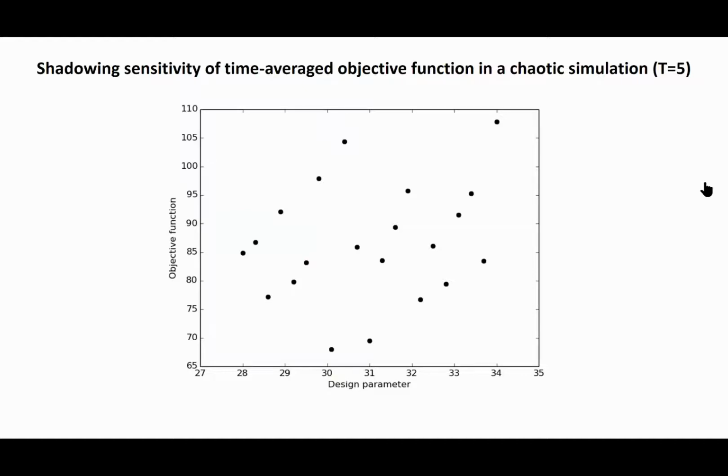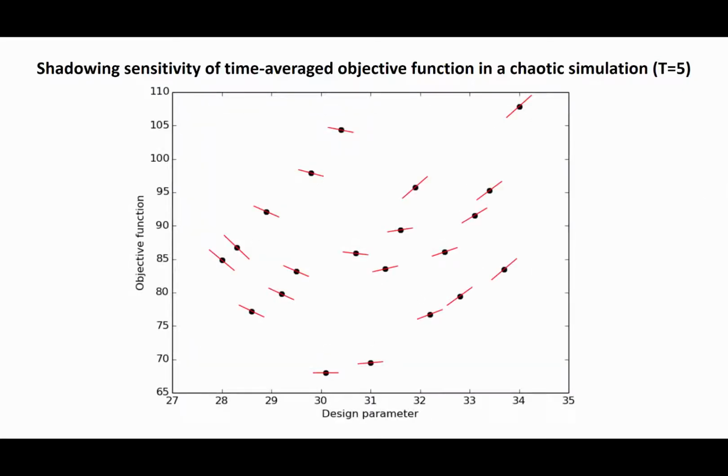So this is again a very short-time chaotic simulation. When you increase this from 5 to 5,000, you get almost a parabola. Now if you do shadowing sensitivity analysis on this T equal to 5 simulation, you get derivatives like that. Obviously, this is not a derivative of this noisy function, because we expect it to be positive and negative all over the place.